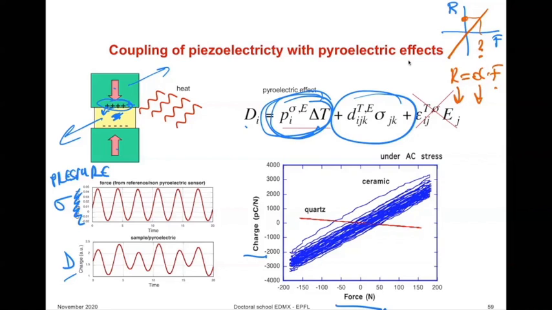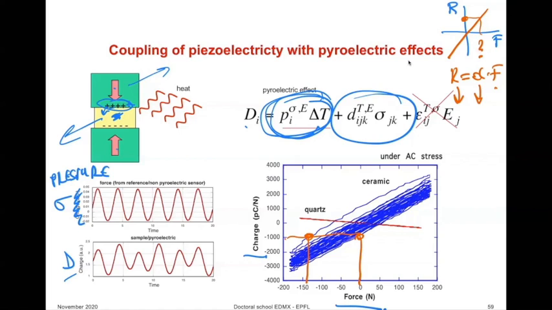That's how piezoelectric sensors work. But here it is not possible. If we measure charge in this particular case, one charge corresponds to different forces, and therefore we cannot do this.